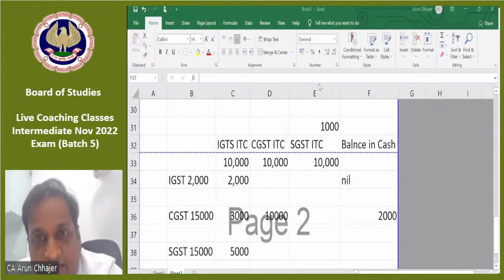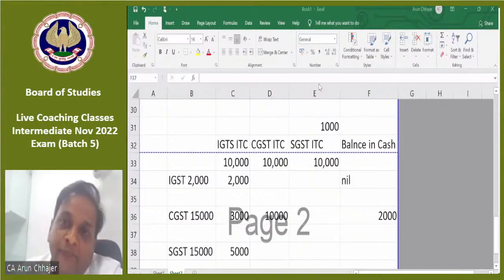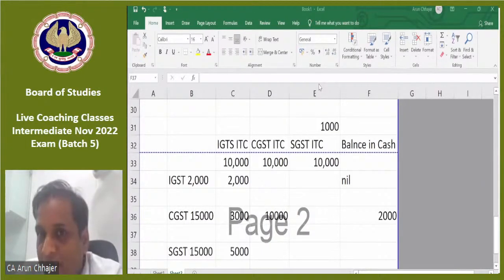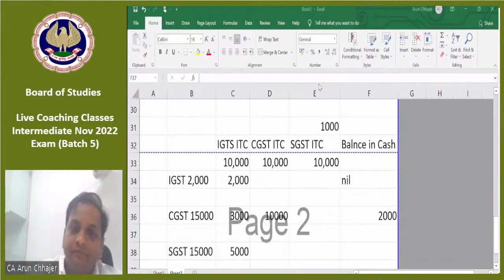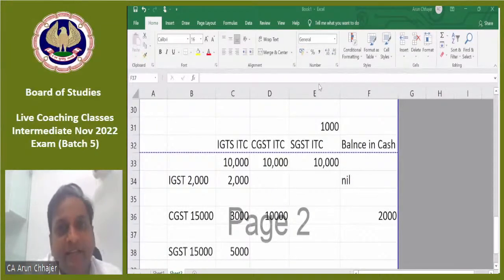Can I say that C needs now 2,000 only because they have taken 3,000 from I and the balance 10,000 from C. Great. Agree?